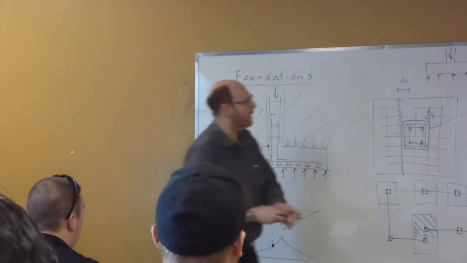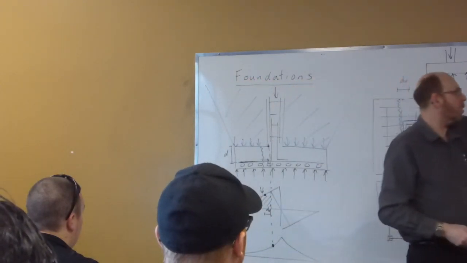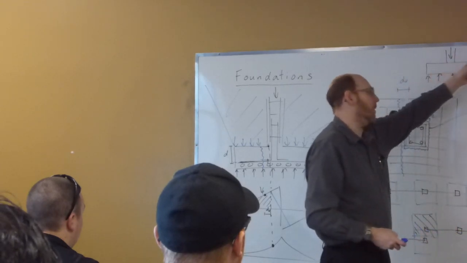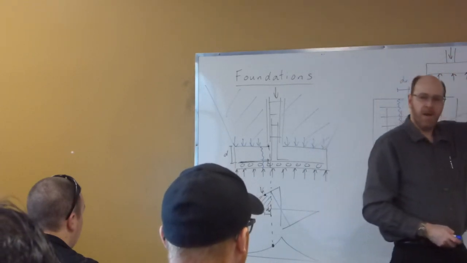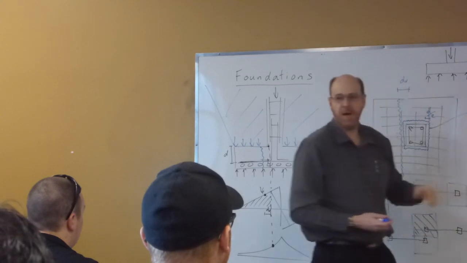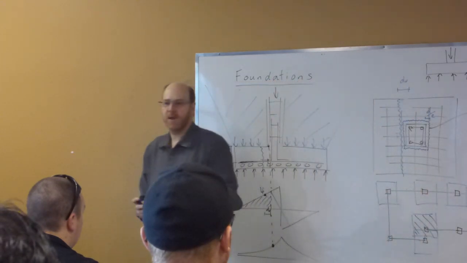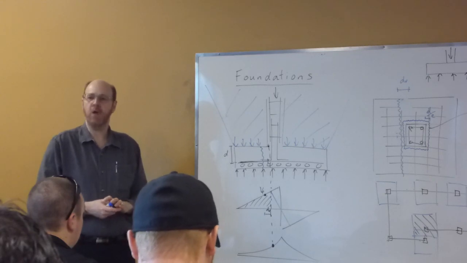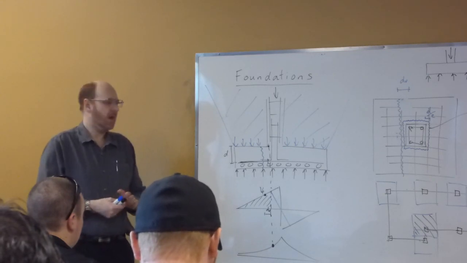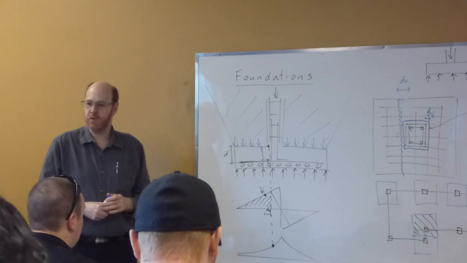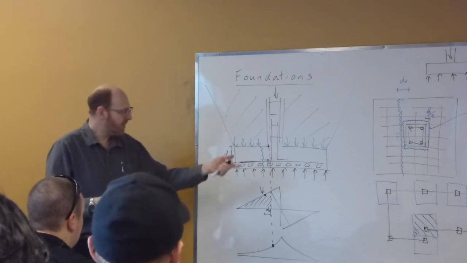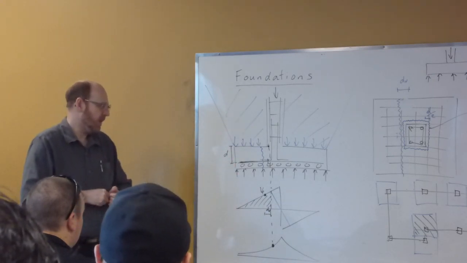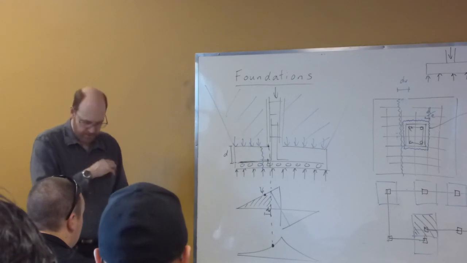And it goes back to this calculation here, is we take the total load from both columns and divide by allowable soil pressure to come up with our area. So we end up with a rectangular geometry, which is of a larger size than it would have been if you just kind of put the two together. So that happens, and it's not uncommon that we run into that kind of scenario.